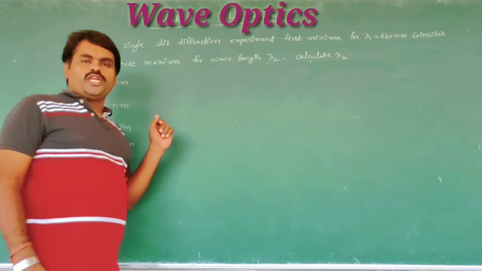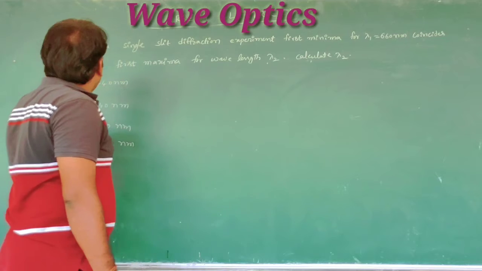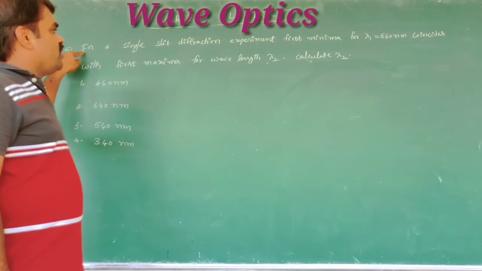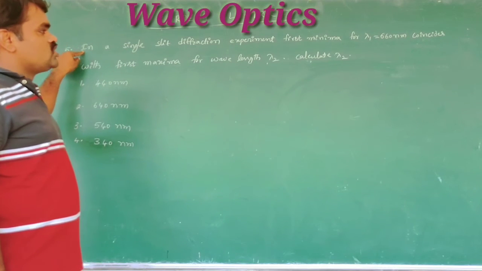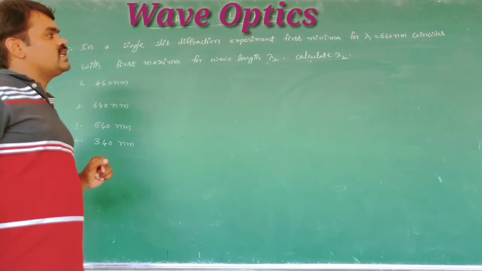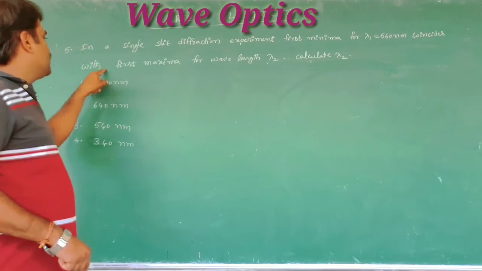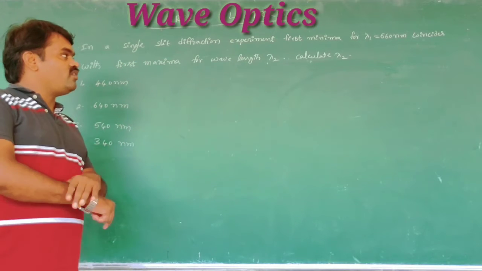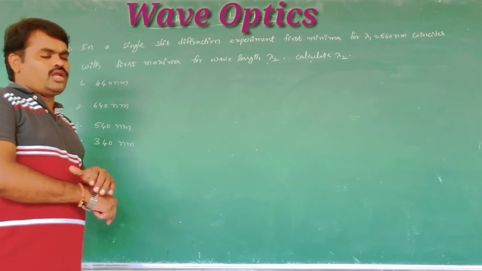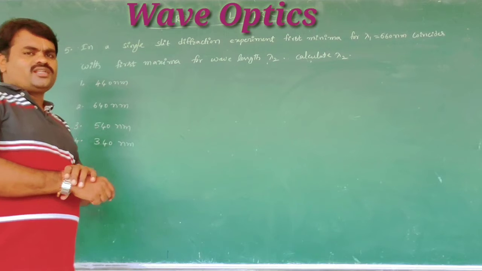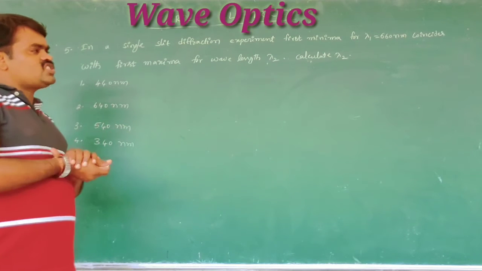Now going to the fifth one. In a single slit diffraction experiment, the first minima for lambda 1, which is 660 nanometer, coincides with the first maxima for wavelength lambda 2. Calculate lambda 2. Here the wavelength is changed.